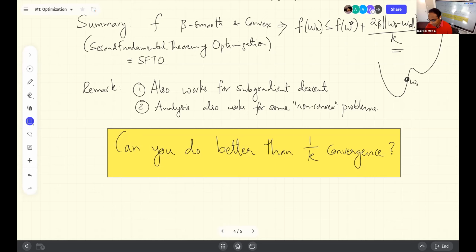Right? Now, if you want to ask such a question, we need to figure out what we mean by can we do better. Under what assumptions on the function do we want to do better? If I have strong properties, or even stronger assumptions on the function, I can presumably do better, right?